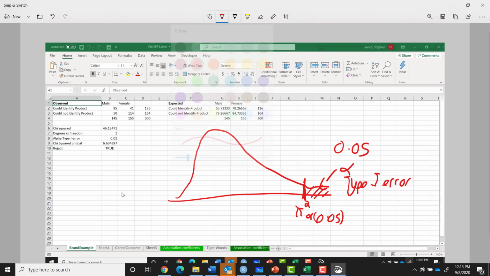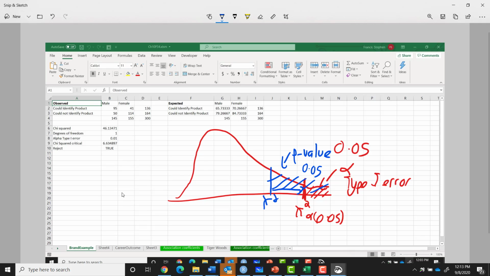Let's get a different color, a nice blue. Say we have our chi-squared. The value to the right here is my p-value. As my chi-squared gets bigger and bigger, my p-value gets smaller and smaller. When we hit the critical chi-squared value, my p-value is 0.05.